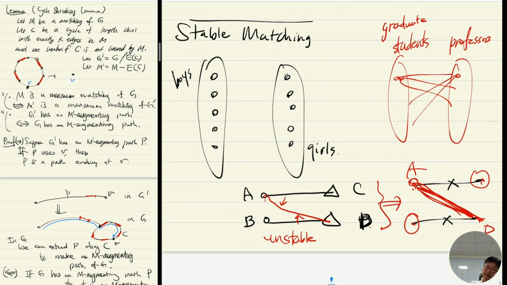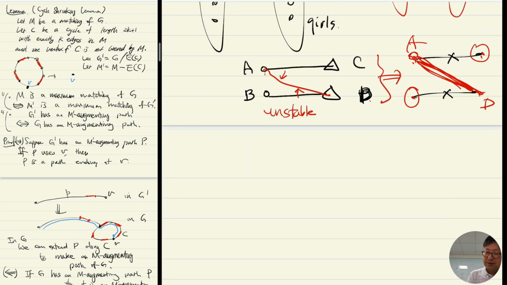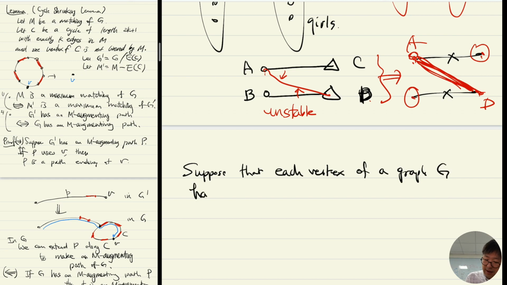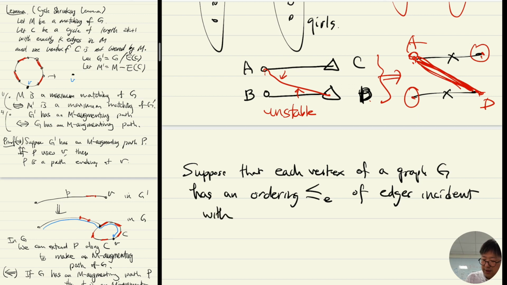And so how do we define it, right? So suppose that each vertex of a graph G has an ordering of edges incident with v, right?